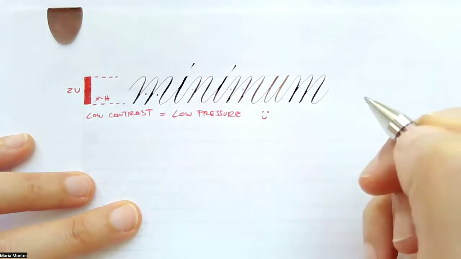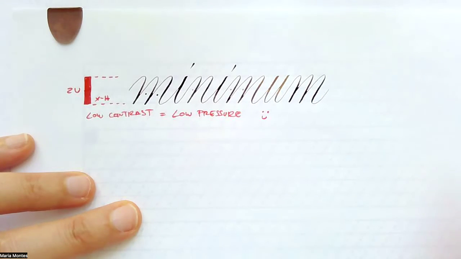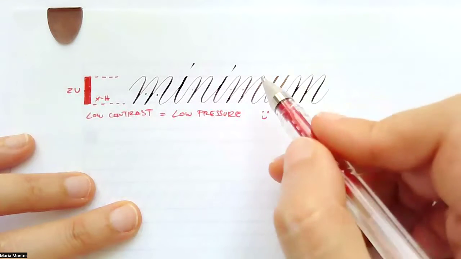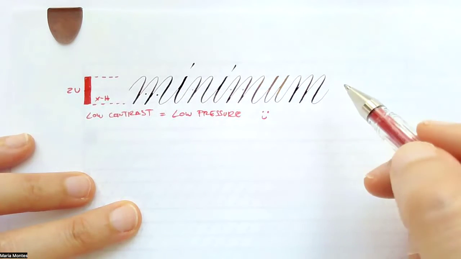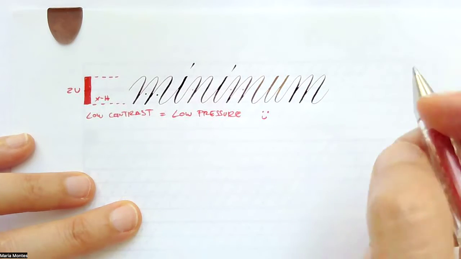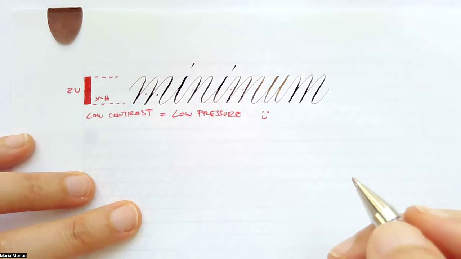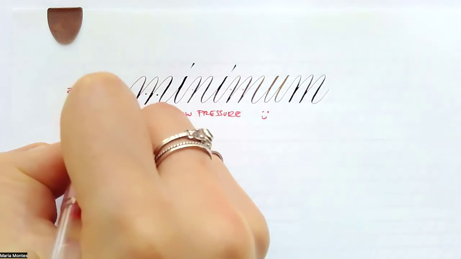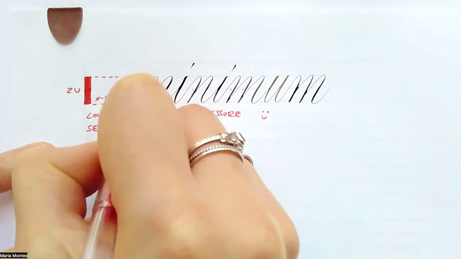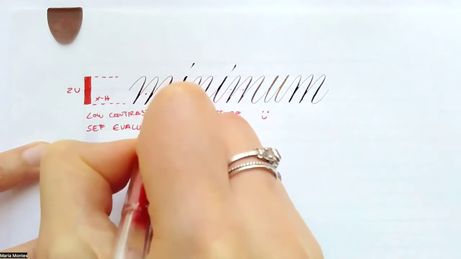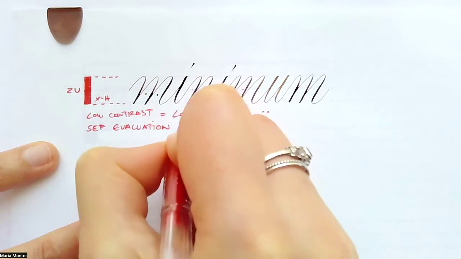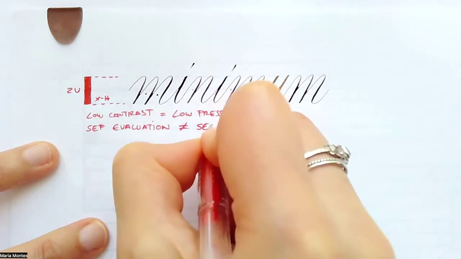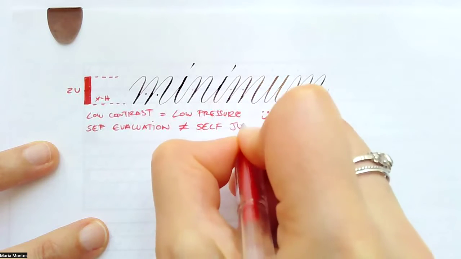I also want to mention something else. In many of my videos, I add notes and talk about self-evaluation, which for me is a very healthy practice, but I'm going to say something else here. Self-evaluation is not the same as self-judgment.